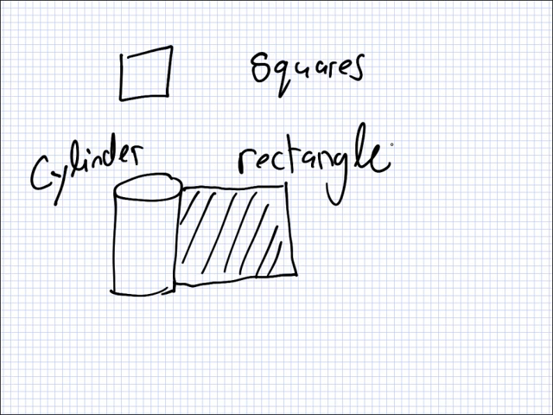Hexagon is hexagonal. So you add AL on this one, and hexagon plus AL is hexagonal.